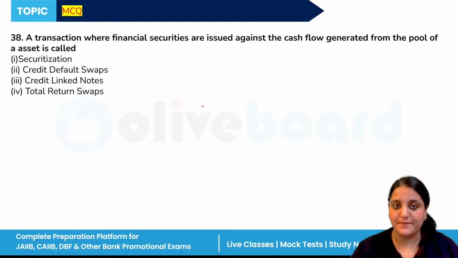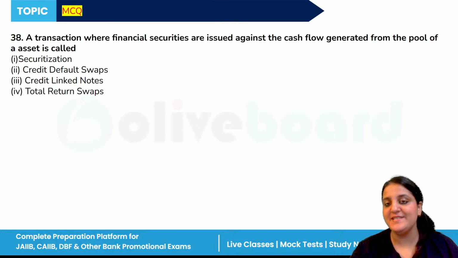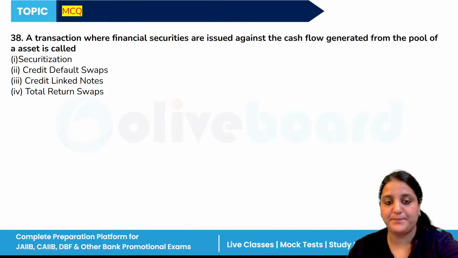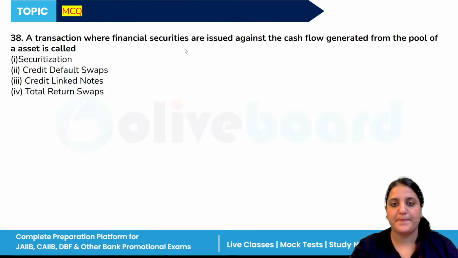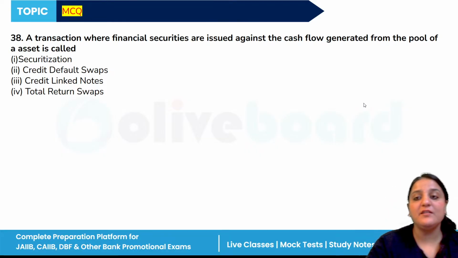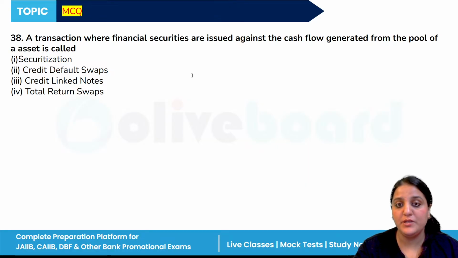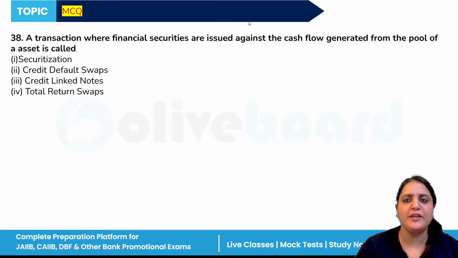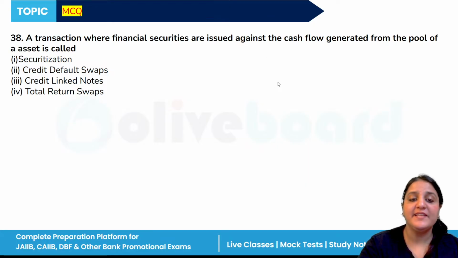A transaction where financial securities are issued against the cash flow generated from a pool of assets. See, whenever they are talking about a pool of assets, they are only talking about one concept, that is securitization.